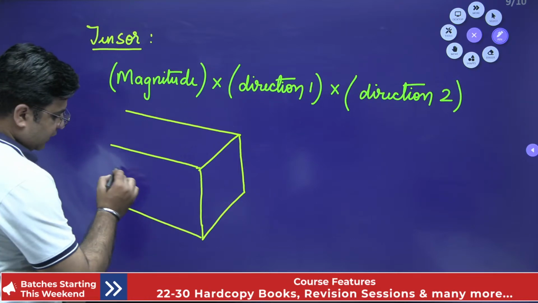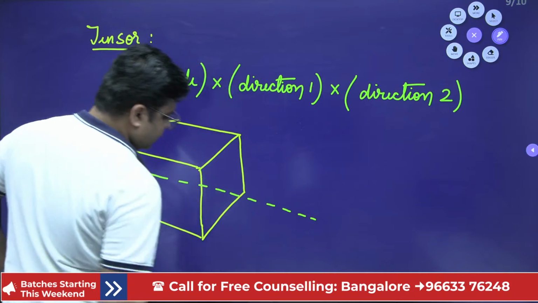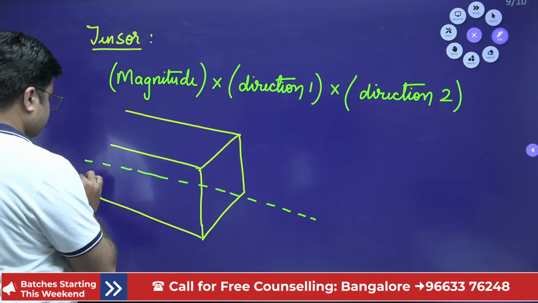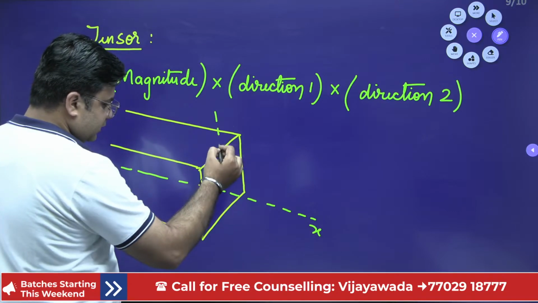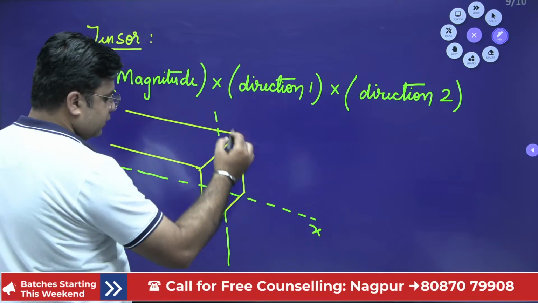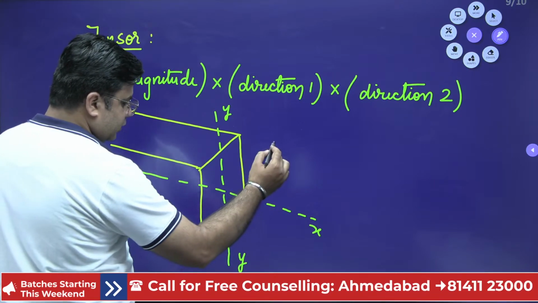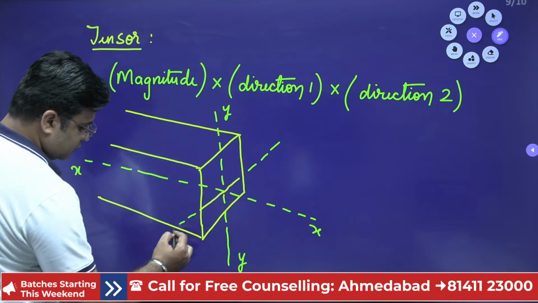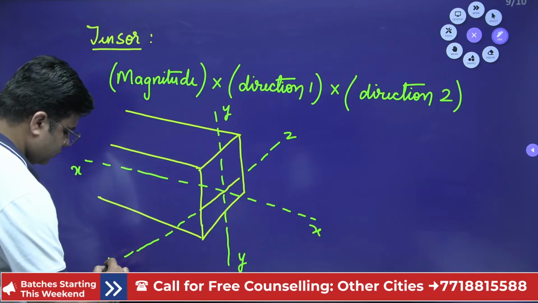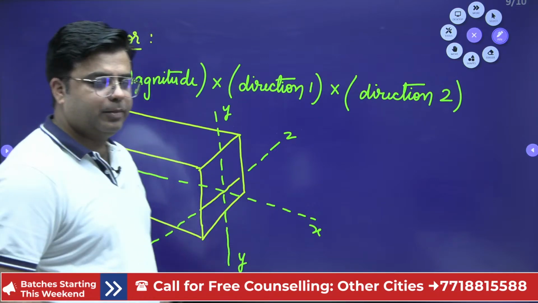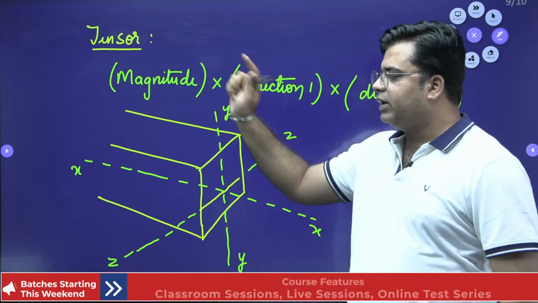For this plane surface, this is your x-axis. Perpendicular to x-axis, this is your y-axis. And third one is your z-axis, right? Observe this very carefully because this is going to erase any doubt related to tensor.